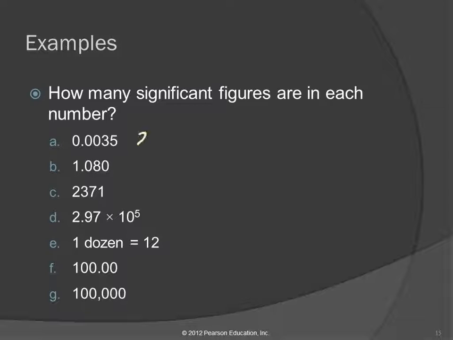Okay, that's got 2. Leading zeros are not significant. How about 1.080? 4. Okay, so it's the trailing zeros that often mess us up. Trailing zeros get counted if there's a decimal point, not counted if there's no decimal point.